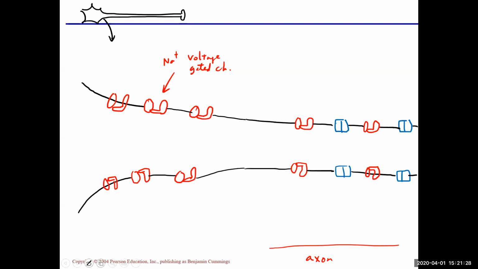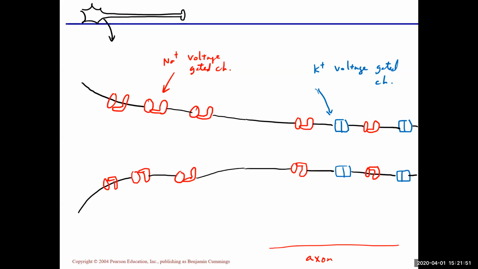All right, so then you have potassium voltage gated channel right here. All right, so those are the main channels, obviously.